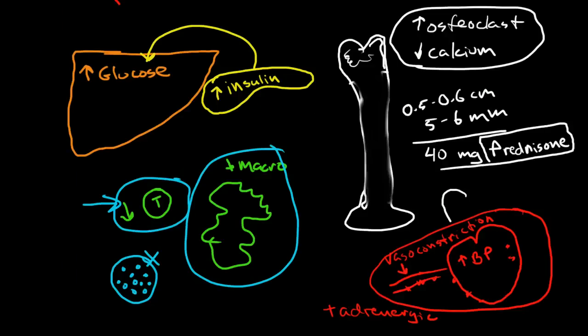The effects are going to be the same, and the effects are going to be what we just discussed here: increased glucose concentrations in the blood because of effects of the liver and of the pancreas, immunodepression, osteoporosis, increased vasomotor tone and heart rate, and amenorrhea and infertility.